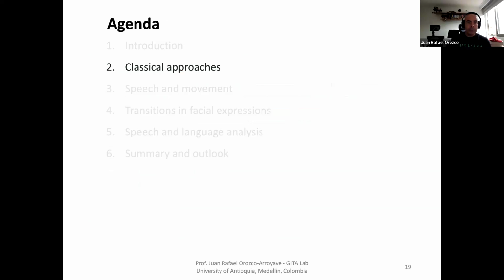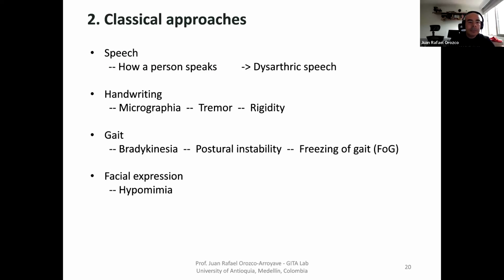Now, let me show you some classical approaches that have been used to model Parkinson's symptoms. For speech, just to make it clear, when we say we are modeling the speech, that means we try to model how a person is speaking. In the case of Parkinson's, we try to model dysarthric speech.